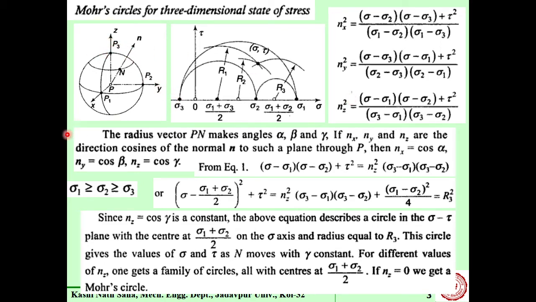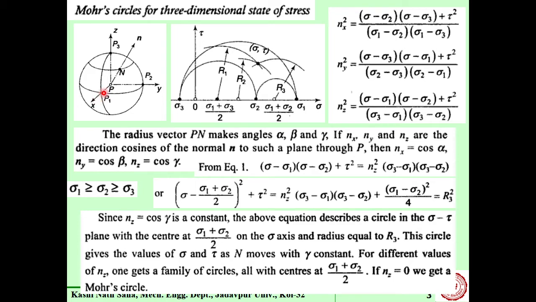Actually, if we consider this as the 1, 2 and 3 direction, we are now in the principal stress directions. That angle is fixed, and keeping nz fixed, if we vary nx and ny, different cones are generated.